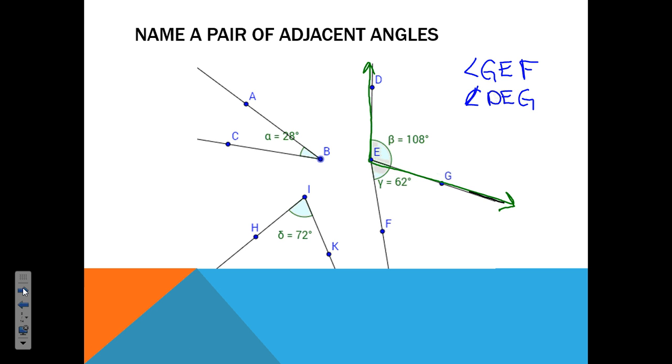Here's another angle with that common side. You see that they have no points in common beyond that common ray? So that's what it means. They're next to each other. They're touching each other, but they don't overlap. So the reason that we couldn't use DEF is it overlaps with this other stuff. It has the G in between.